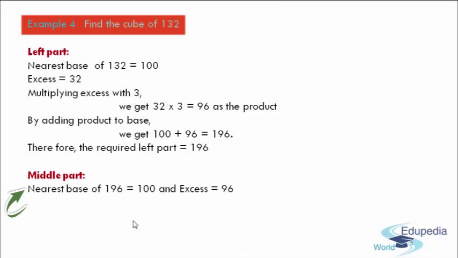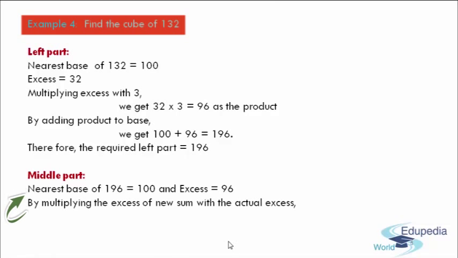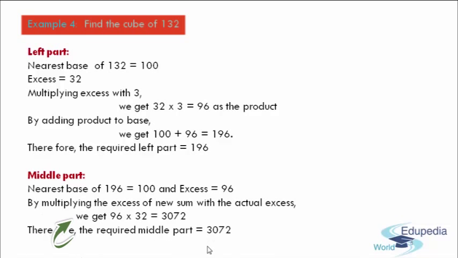Now we have to multiply the excess of the new sum with the actual excess. The new excess is 96 and the actual excess is 32. By multiplying 96 and 32 we get 3072, and therefore the product 3072 is regarded as the required middle part.